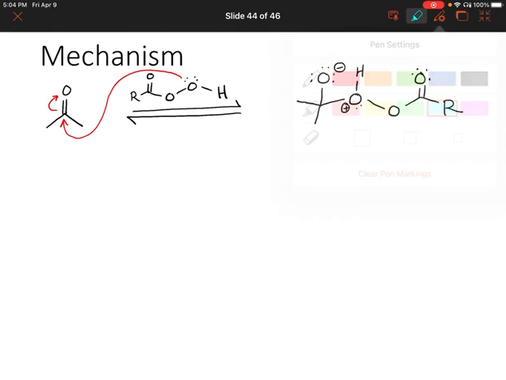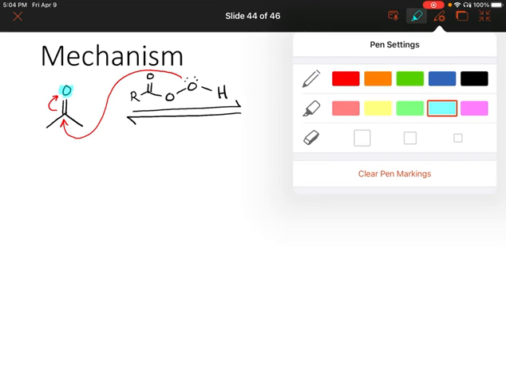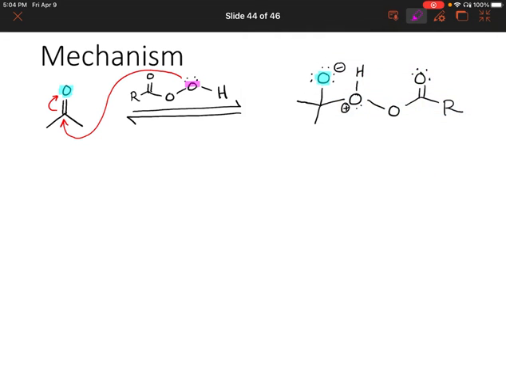And I'm just going to highlight some of these oxygens so you can keep track of where everything is and what's bonded to what, because it can get kind of confusing sometimes. So essentially, I just flipped the peroxy acid so that the purple oxygen is connected to the carbonyl carbon that's connected to our blue oxygen.